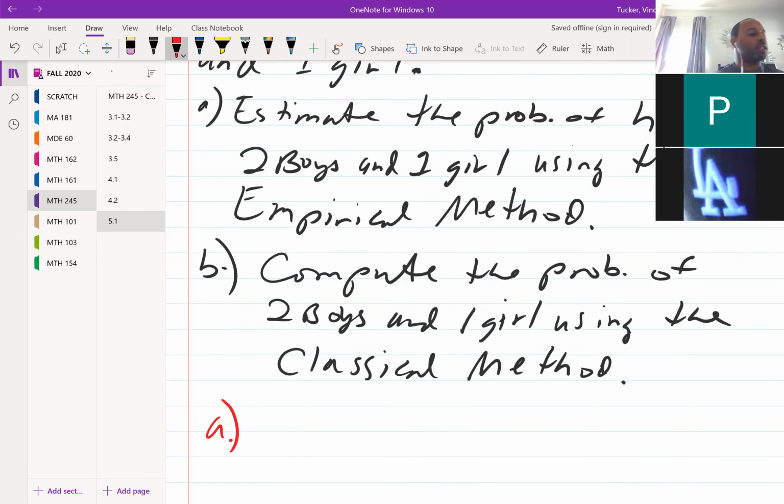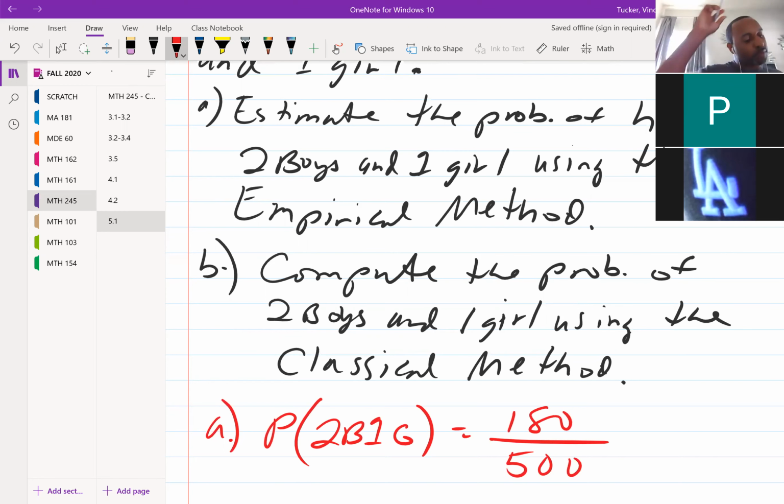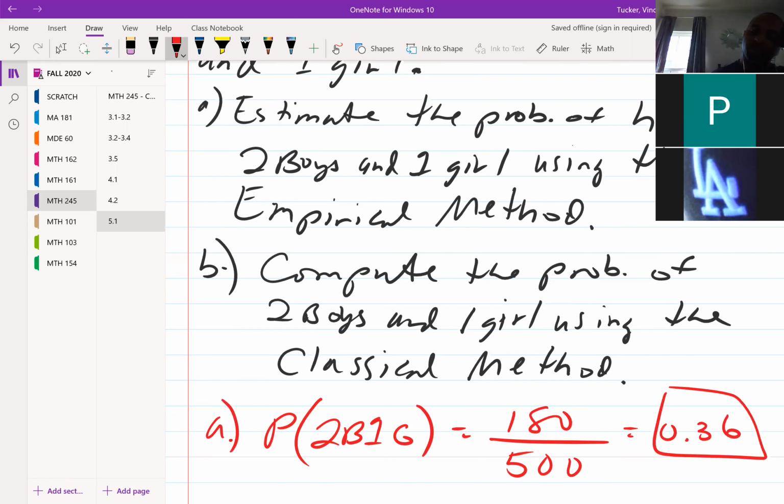All right, so when we look at the empirical rule, all we would do is, let's say, the probability of 2 boys, 1 girl. We would take the 180 and place it over the 500. That was the first method we talked about, the empirical method. And that's 0.36.